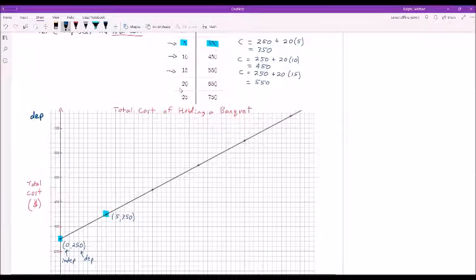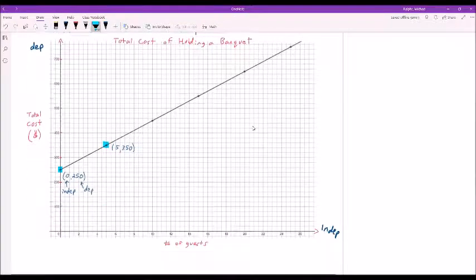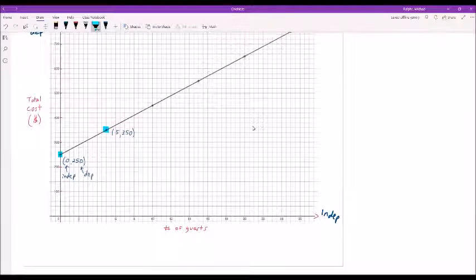Then I'll go back up to the table of values. I find the next pair of values. I've got 10 people attending. The total cost is going to be $450. So I start back at the origin. I come across the independent axis to 10, and then I go up until I see $450.